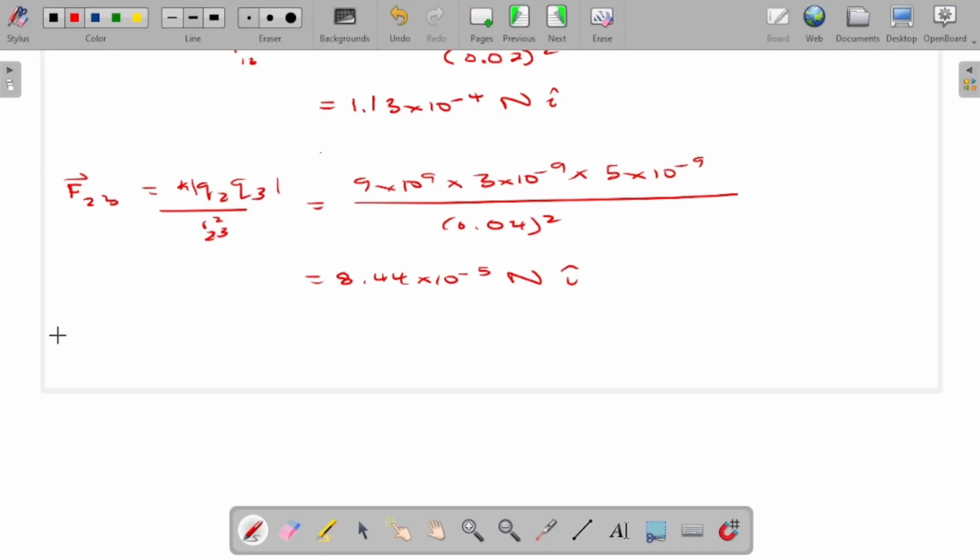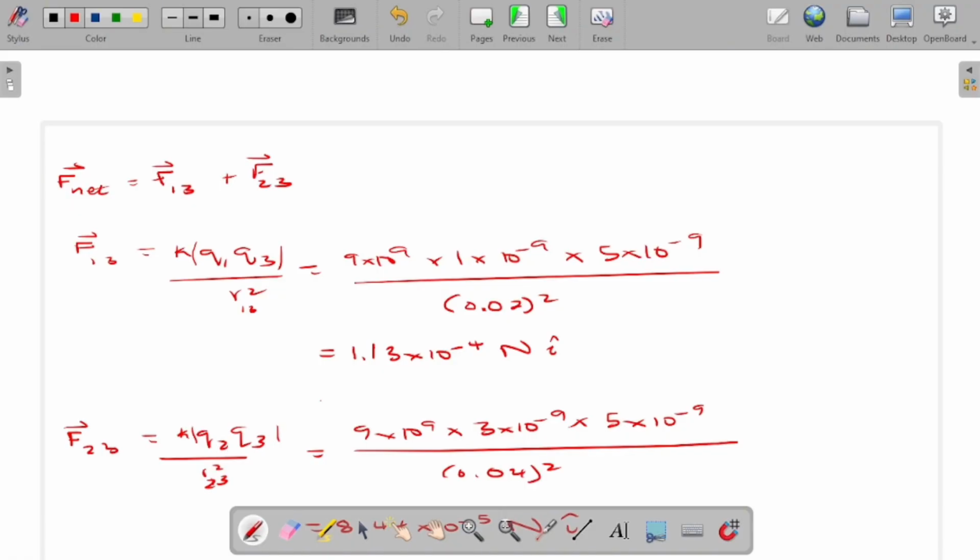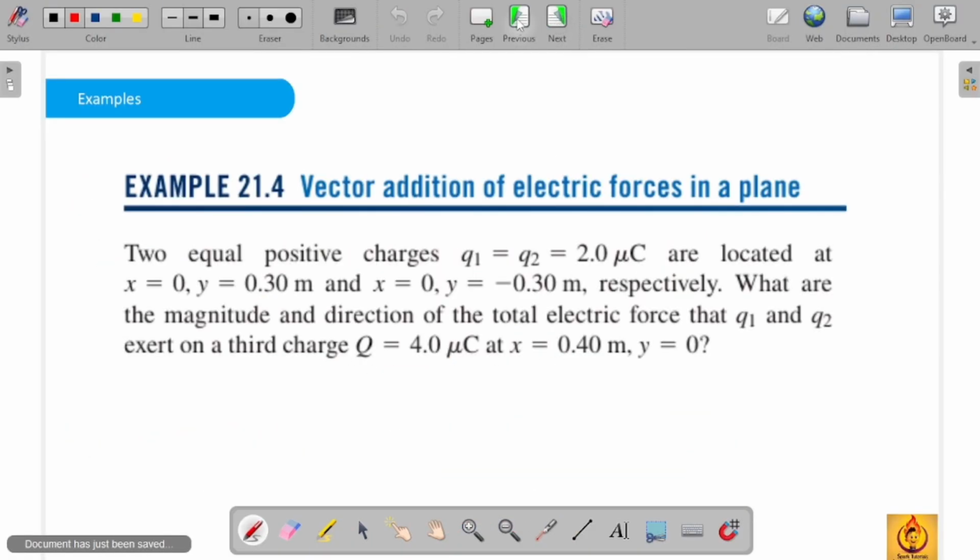The net force, F net, is F1 on 3 plus F2 on 3. There's something that we said about vectors, right? If we are going to write this as a vector, we need to be careful of the direction, not just the magnitude.